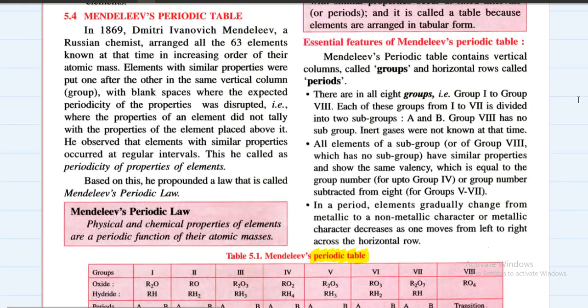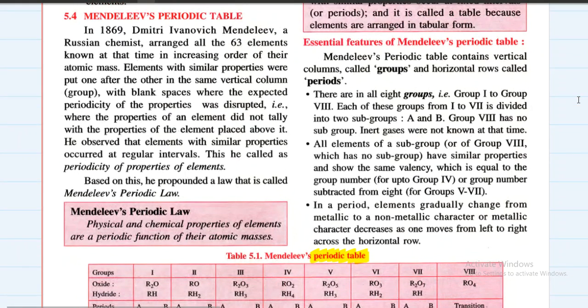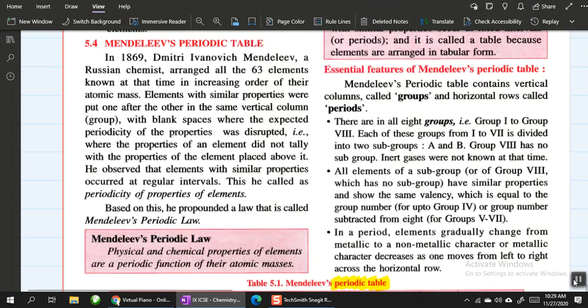Essential features of Mendeleev's periodic table. Mendeleev's periodic table contains vertical columns called groups and horizontal rows called periods. Okay, so remember this, as all these things you will see in the modern periodic table as well. It is not only in Mendeleev's periodic table; the same thing has been used in the modern periodic table as well.